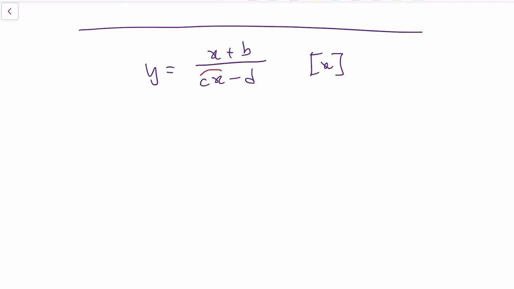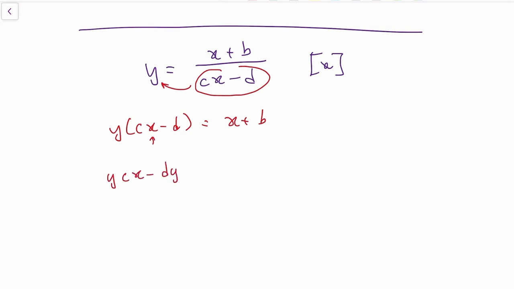So similarly, we'll multiply the bottom to the left first. Okay, and when the unknown you want to be the subject is inside a bracket, you also want to expand that bracket. And then we want to move all the x to one side, so we'll move this x to the left.